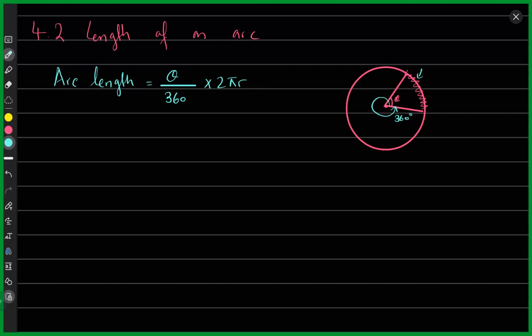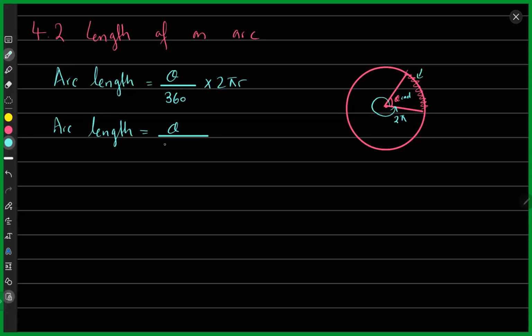And if your theta was given in radians, in that case the arc length is going to be theta divided by, now I was dividing by 360 when the angle was in degrees.